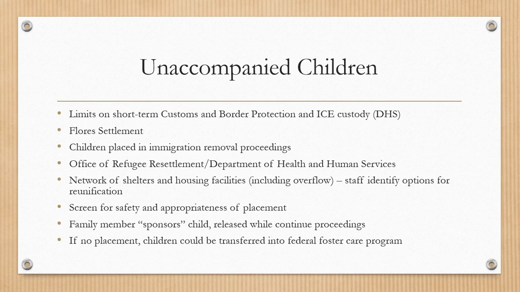procedures. What's important to understand is that there has been a long history over the last 15 years or so of the degree to which the system of the Office of Refugee Resettlement screens and ensures the safety and appropriateness of placements, even with immediate family members.